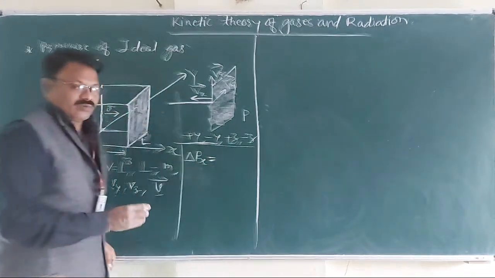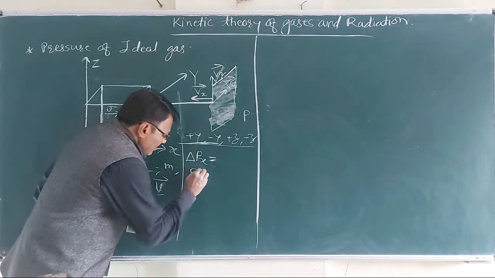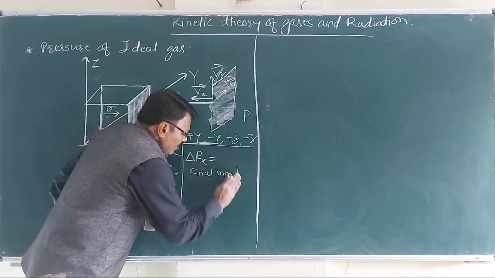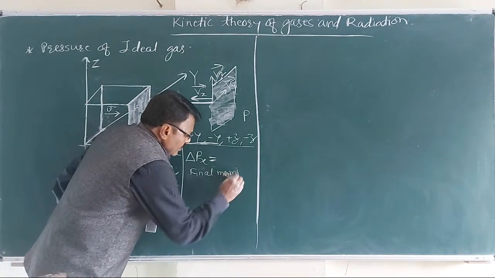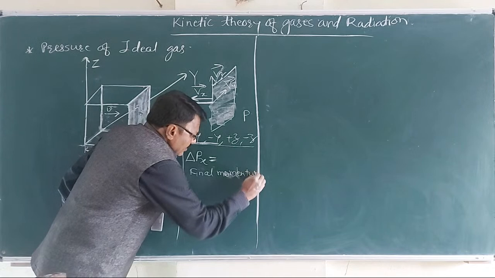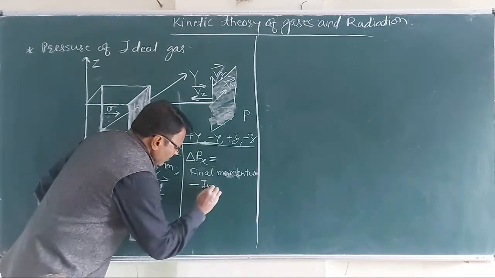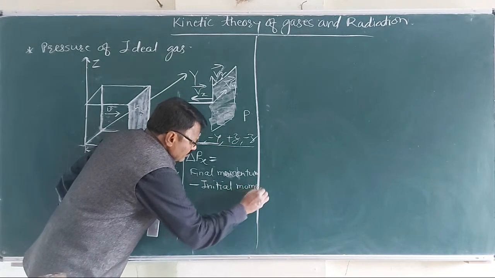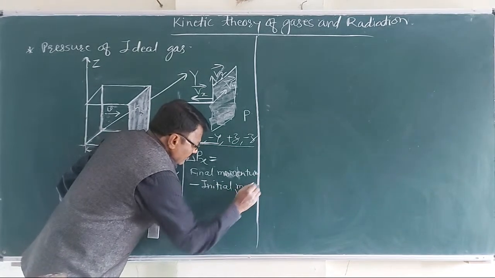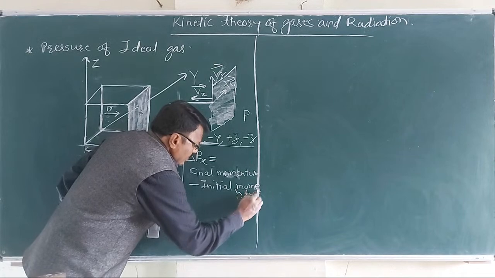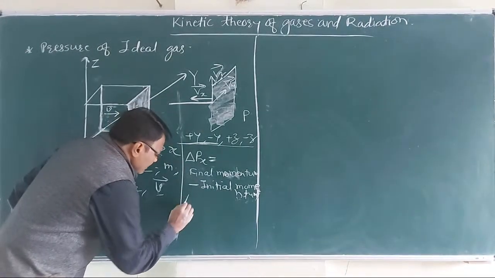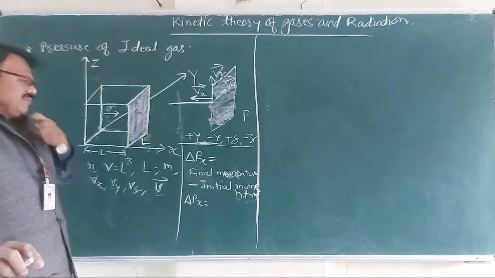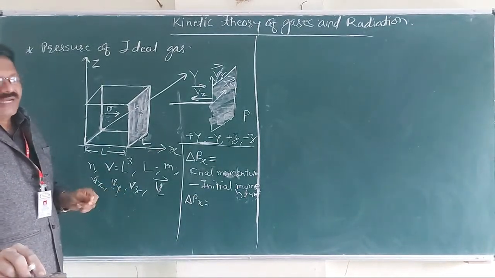It is equal to final momentum minus initial momentum. But this delta px is equal to, now momentum means it is the product of mass and velocity.